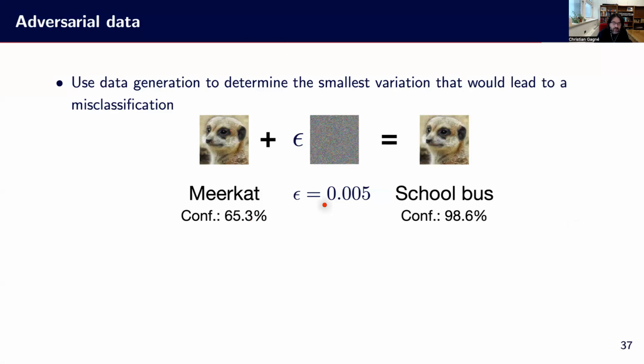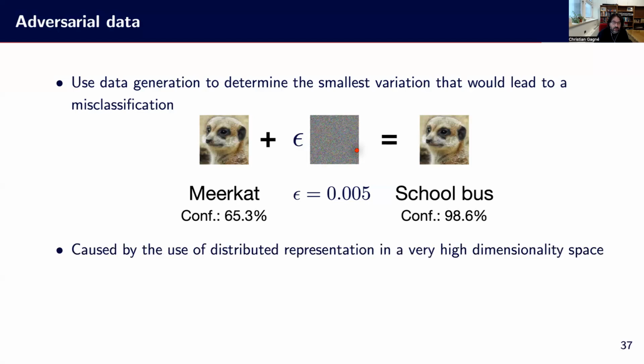And so we have methods that can modify samples to fool a network. And the explanation provided is that we are dealing with a distributed representation in a very high dimensionality space. And that means that, in such high dimensionality space that is very difficult to visualize, we could expect that, in some specific directions, we can be really close to a decision frontier.